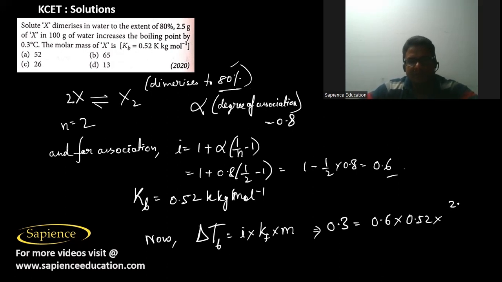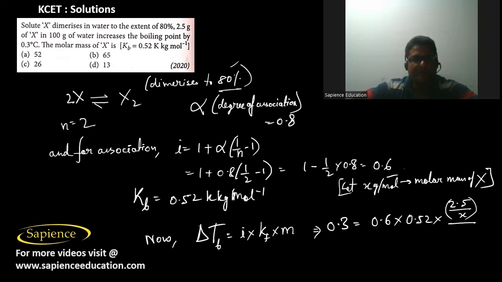Molality means the number of moles of the solute, which is 2.5 by x, divided by 100 gram. Here we are assuming that x gram per mole is the molar mass of x. Then the number of moles of x will be 2.5 by x, divided by the mass of solvent in kg, so that is 100 grams, which is 0.1 kg. So from here we have to solve and find x.